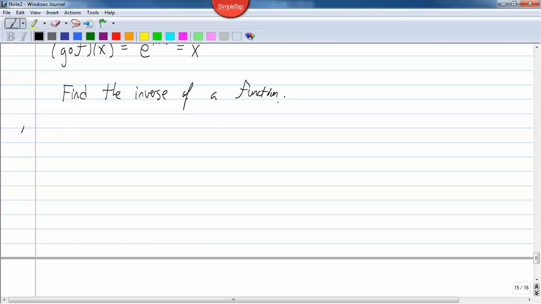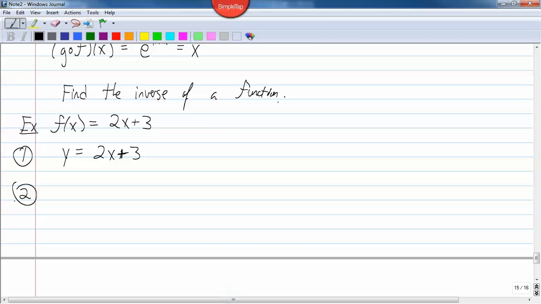So say I wanted to find the inverse of f of x equals 2x plus 3. The first step is to make the equation y equals. Instead of f of x, we start off just using y.